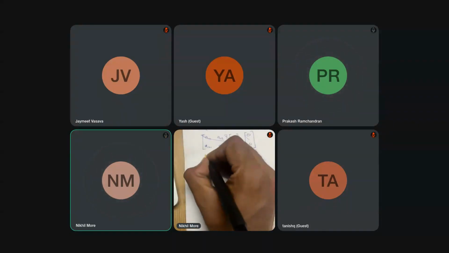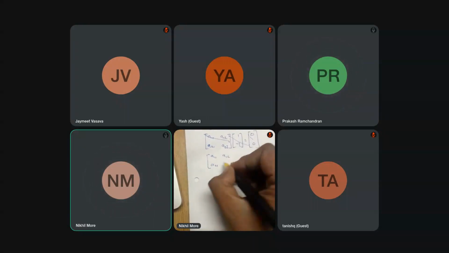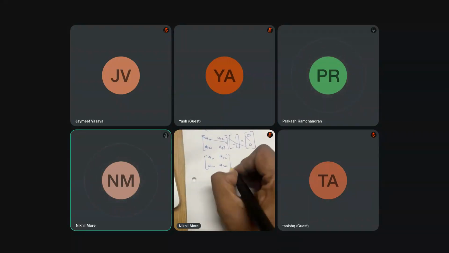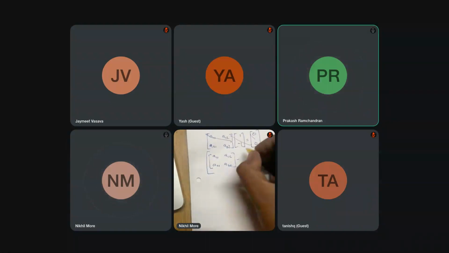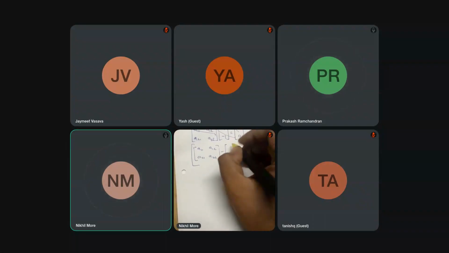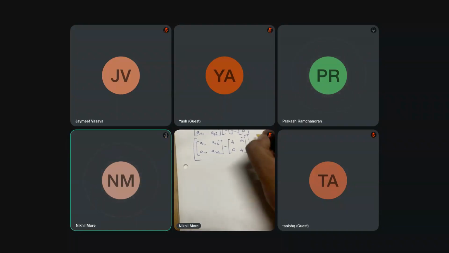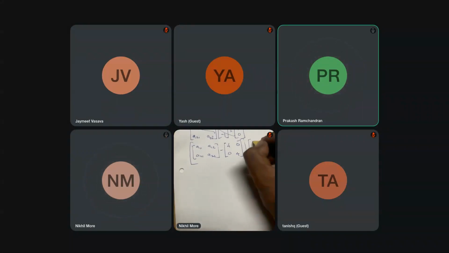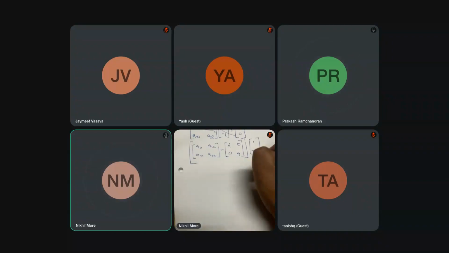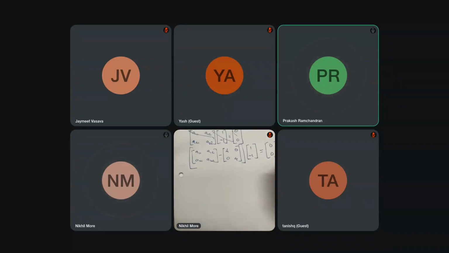A11, A12, A21, A22 minus lambda 2 I, where lambda 2 is 4. I'll skip this step because we did it in the last one. Lambda I is the identity matrix multiplied by lambda, so it is 4, 0, 0, 4. And this will give you 0 0, and that will be V.